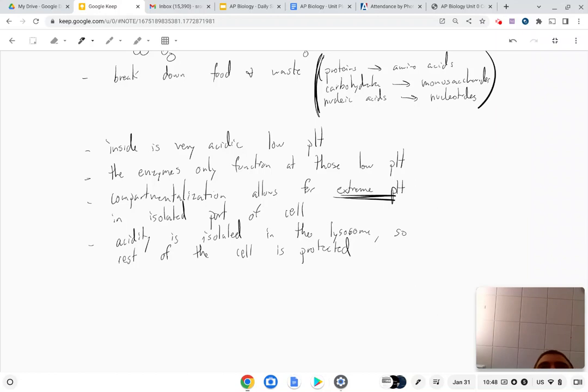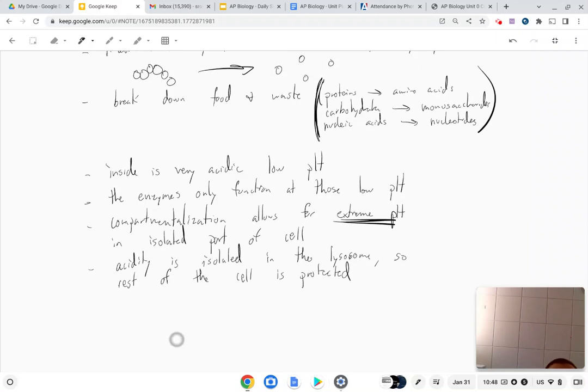Okay, what would happen if a lysosome split open and poured acid into the rest of the cell? Well, it would denature everything. It would denature the proteins. It might denature the genetic material as well. So we've got to keep it encased inside the lysosome.